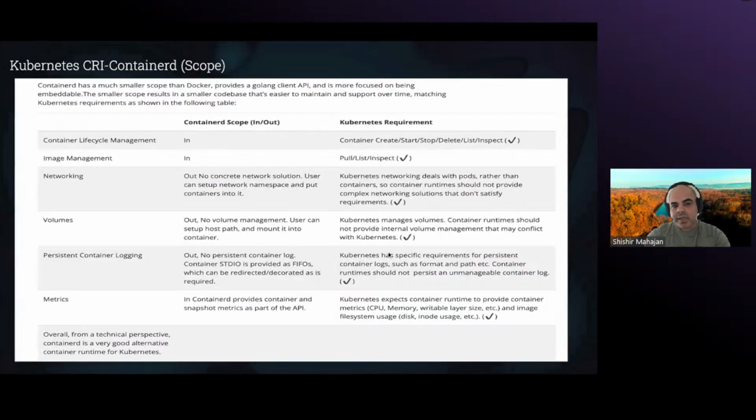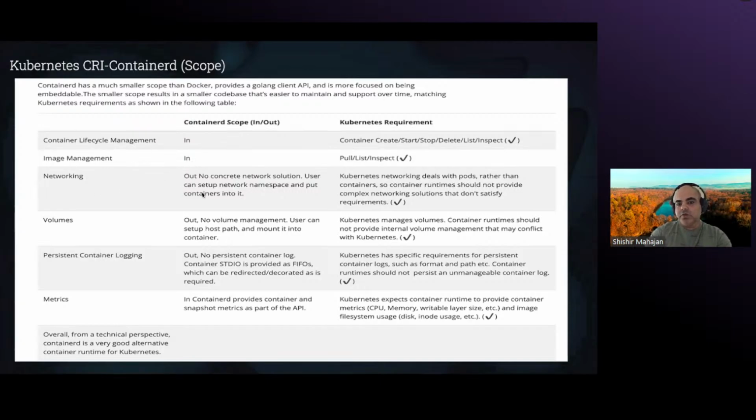And the way they achieve this is they don't do everything like Docker. They only do the container lifecycle management and image management, and the rest of the stuff could be delegated to other areas which are subject matter experts in those areas. So, for example, containerd manages the container and image management.